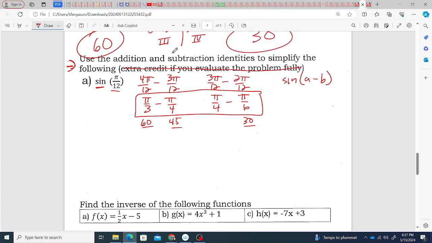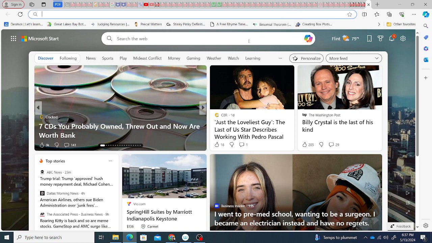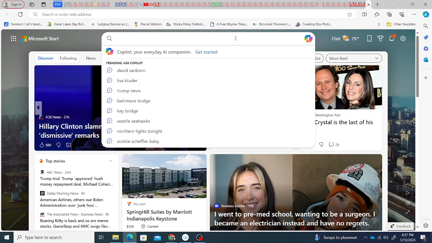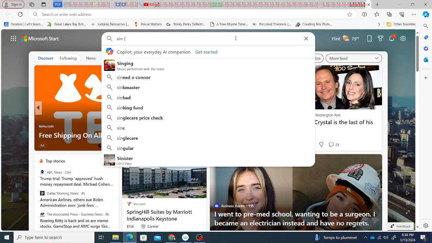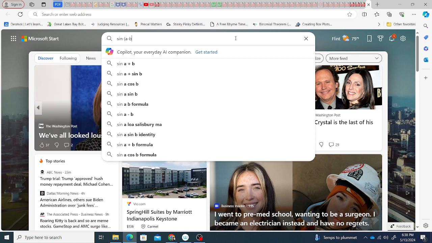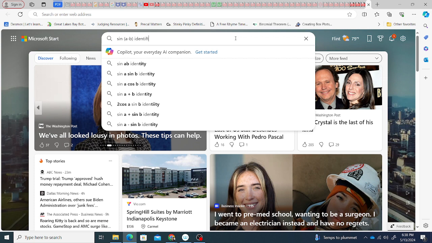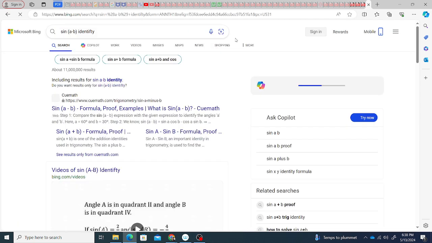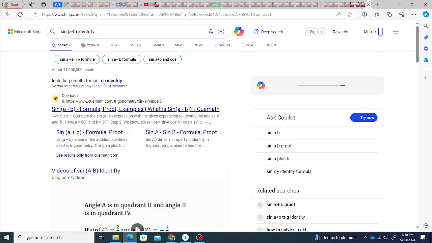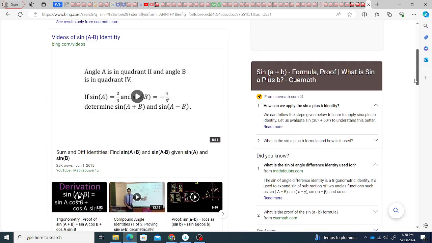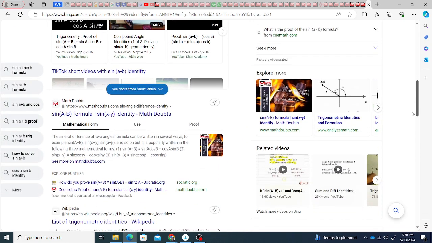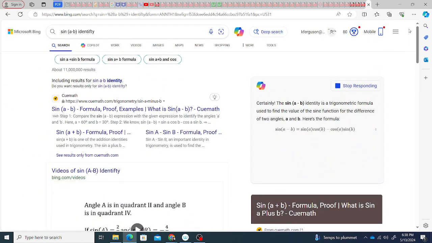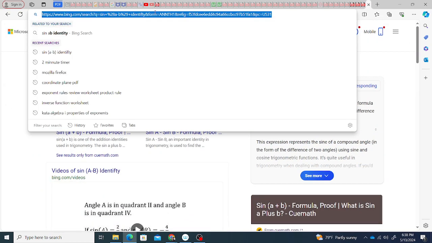So let's cheat and find the sine of a minus b identity. Really, you gonna do all this? I just wanted that. Okay, y'all give me a whole lot of gobbledygook. Yeah, don't use Bing, use Google.